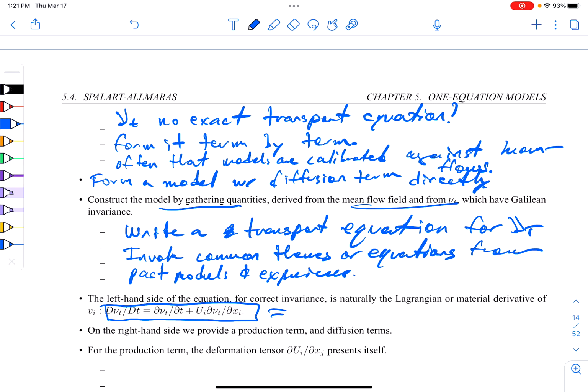But we're only going to write a base model, the first model, for free shear layer turbulence. For those flows, the dominant terms are a production term and the diffusion of the turbulence. So the first step is to form a model for the production, and the second step is a model for diffusion. Once you do that, you can write a single eddy viscosity transport equation, which is the basis of all Spalart-Allmaras based one equation models.